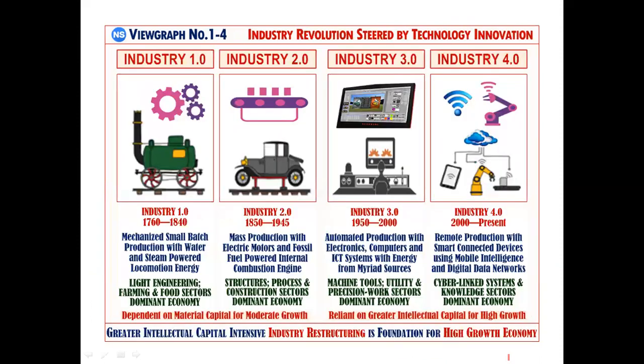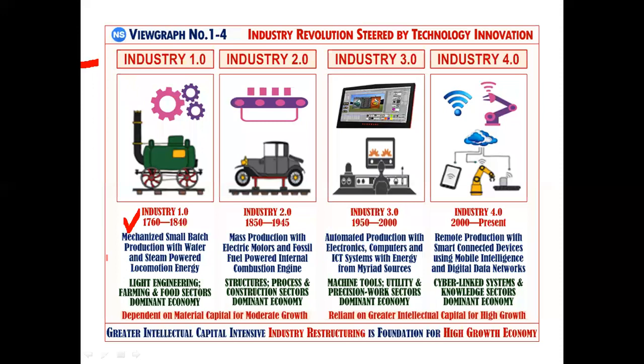Next, having talked about a product, now I would like to talk about industry, industrial revolution. You are familiar with this. I think we have Industrial Revolution 1.0, 2.0, 3.0, and now 4.0. This is the time period when Industrial Revolution 1.0 took place, 1760 to 1840.